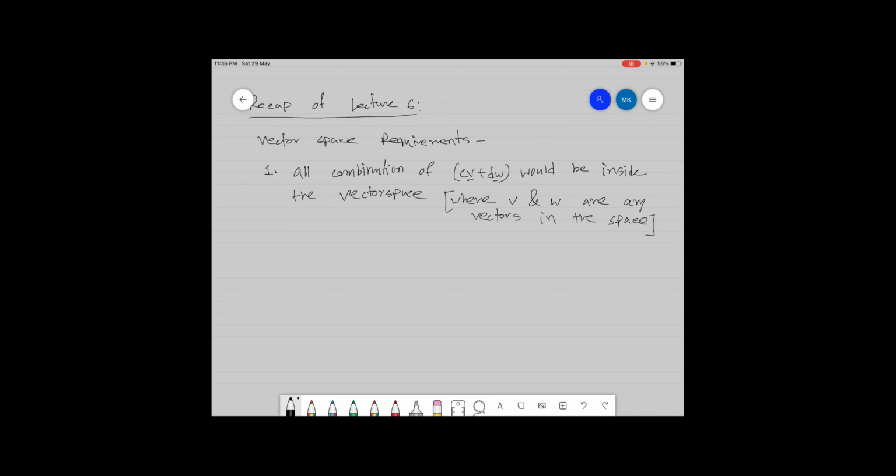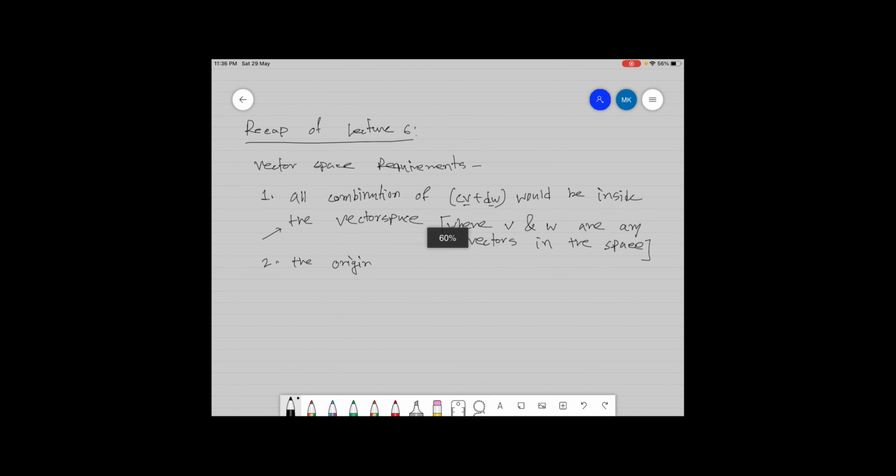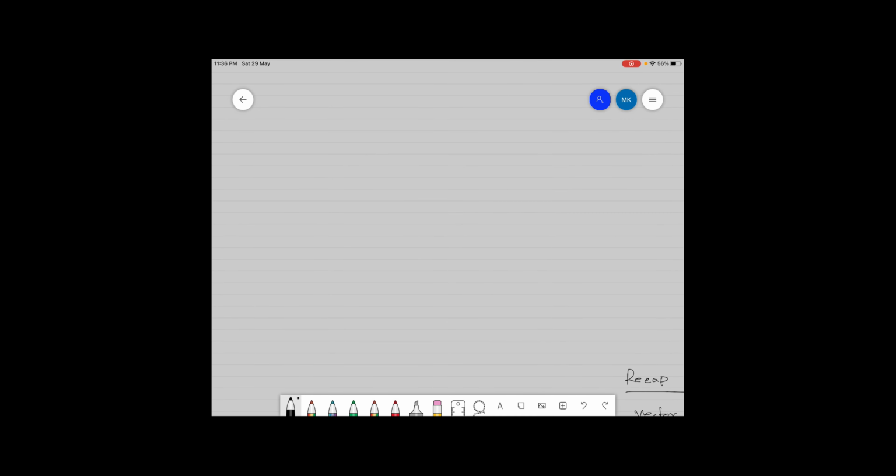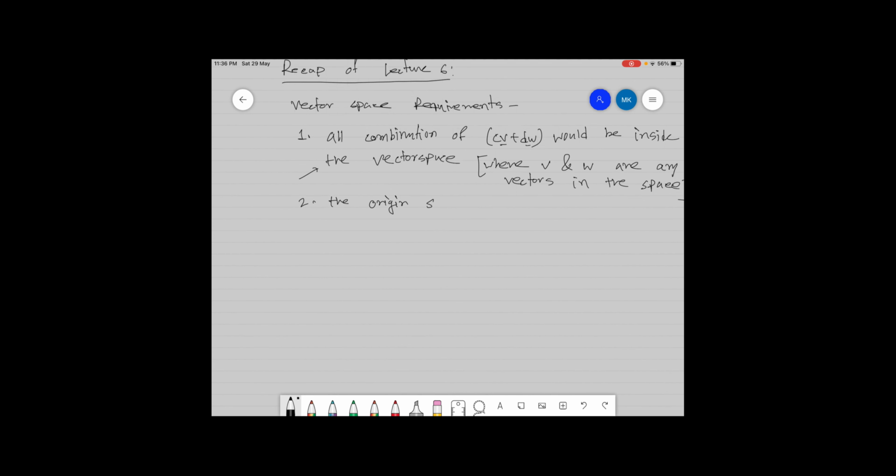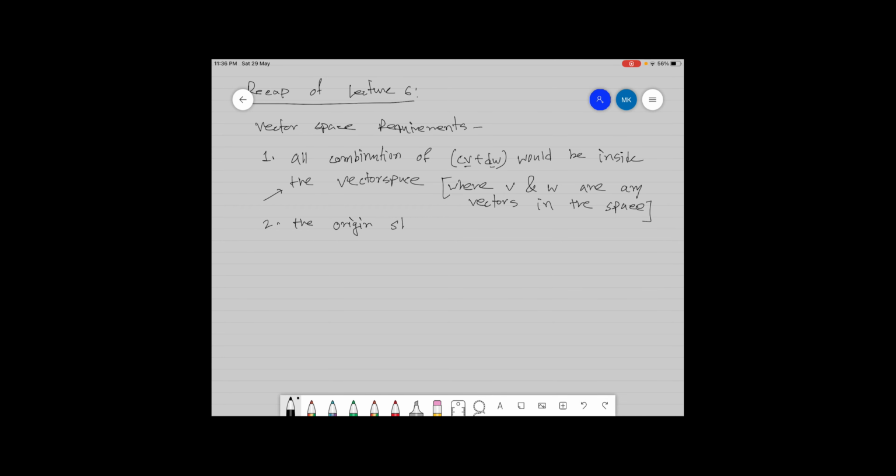And there is another requirement, which is actually a part of the first requirement, which is the origin should be inside the vector space.